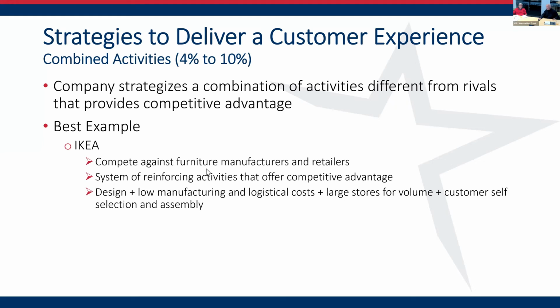And that gives them a competitive advantage in terms of price when they compete against the standard furniture manufacturers and retailers. Interesting, IKEA is one of the most profitable furniture manufacturers, or whatever you would call them. And as you can see, they charge lower prices and actually have higher margins by virtue of putting this together. And you can see the means that they did that.